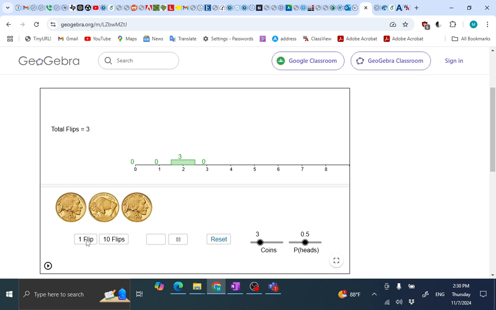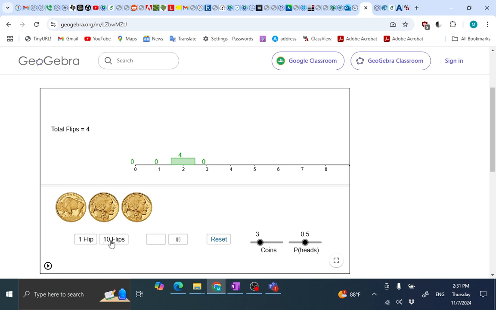Here's another one, heads, tails, heads, and this one is going to read as tail, heads, heads, and so on. So in 4 consecutive attempts, I got 2 heads and 1 tail.